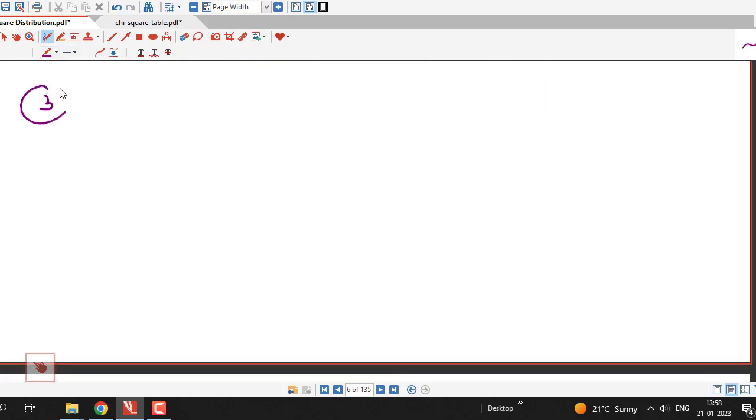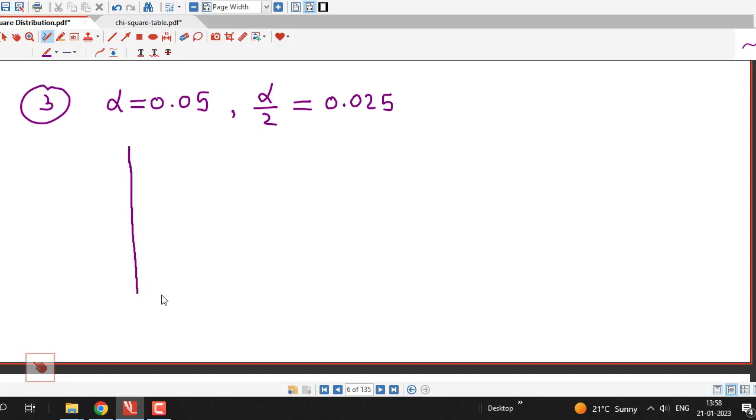So this is the second possibility. Now the third possibility is, suppose we consider equal area in both the tails. Suppose we have alpha equal to 0.05, but we consider half of this area in both the tails and we are interested in finding the corresponding critical values. So let me sketch roughly.